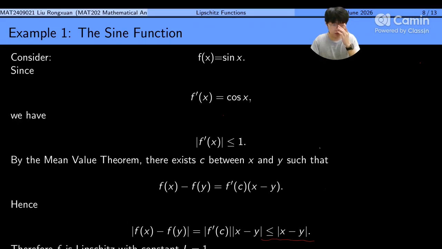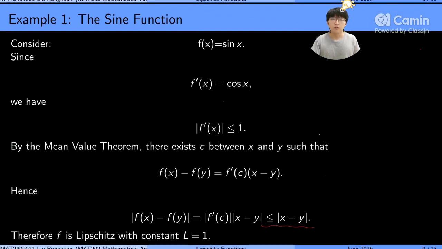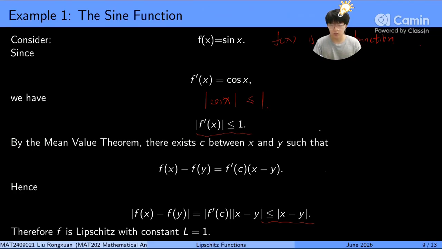The first example is the sine function. Consider f(x) equal to sine x. We want to show f is Lipschitz. To prove this, we know the derivative of f(x) is cosine x, and the absolute value of cosine x is less than or equal to 1. Since it's one-dimensional, we can apply the mean value theorem.